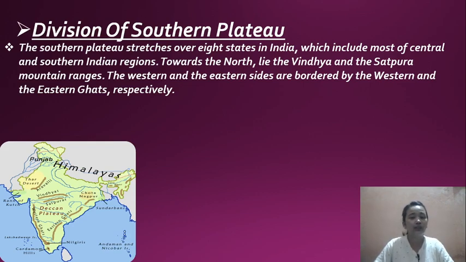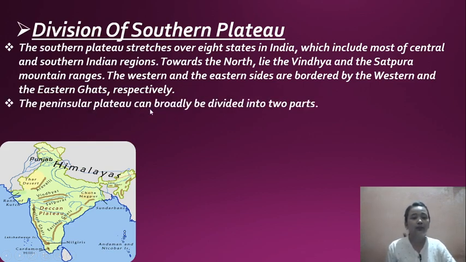So where does it stretch? In the southern part of the Indian region, and towards the north it lies by the Vindhya and Satpura mountain ranges. The western and eastern sides are bounded by the Western and Eastern Ghats respectively.